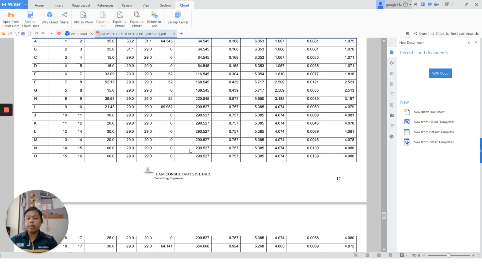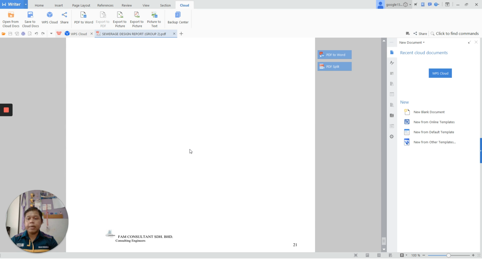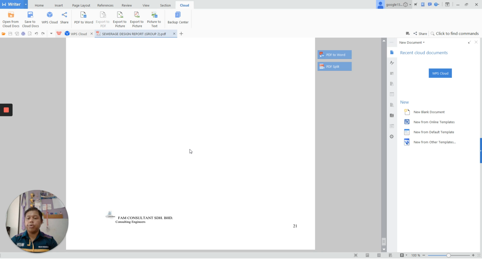This spreadsheet will be a reference for the local authority to approve and check your design with this calculation. Last but not least, you have to attach all the drawings that are needed in order for you to get approval from the local authority, especially IWK.